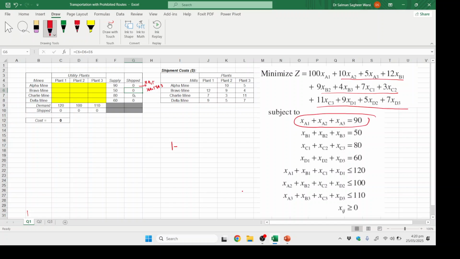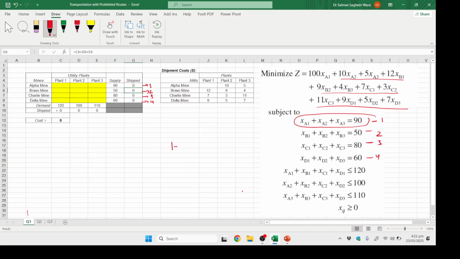So the second constraint, just let me number it, 1, 2, 3 and 4. The first constraint is coded in the first cell, then the second constraint, third constraint, and fourth constraint.